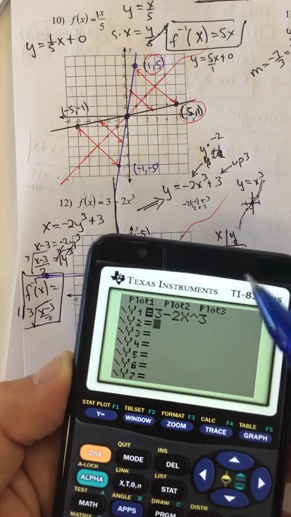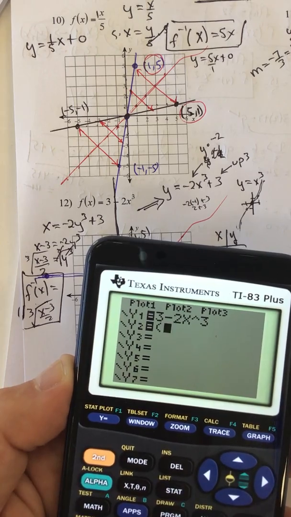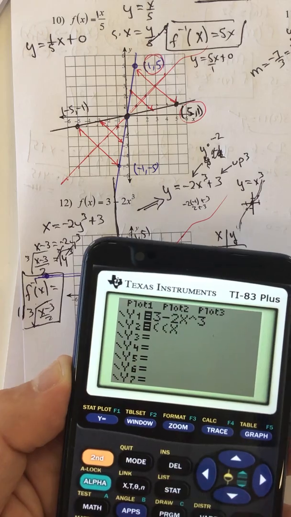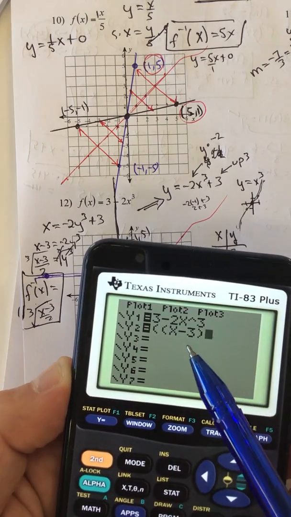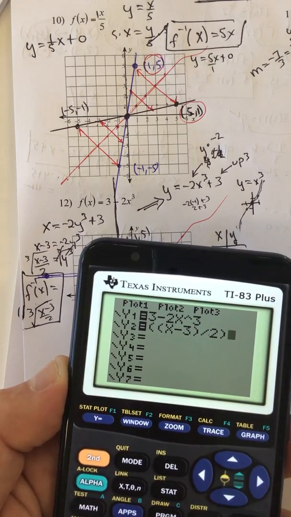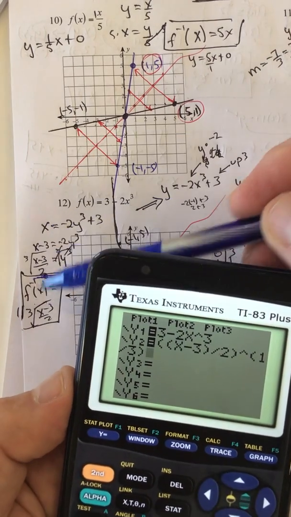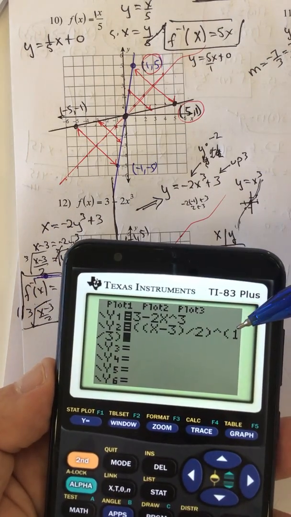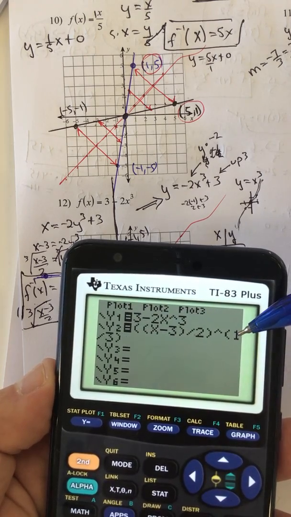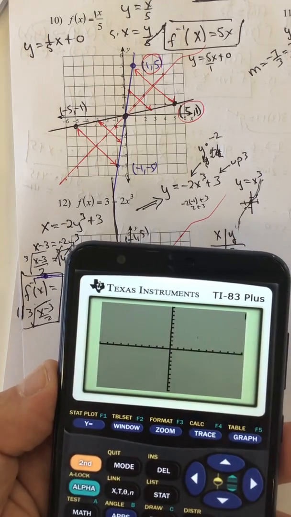Okay, so on the second one, I want to make sure I go to the second equation, and I'm going to put in, I'm putting it in parentheses because I want x minus 3 as a group to be divided by 2. Then I want all of that to the third power, because a third root is the same as a third power, and then I have to put that in parentheses on this kind of calculator when it's flat, because I want this to be 1/3 and not just power 1. Okay, I'm going to graph that one.